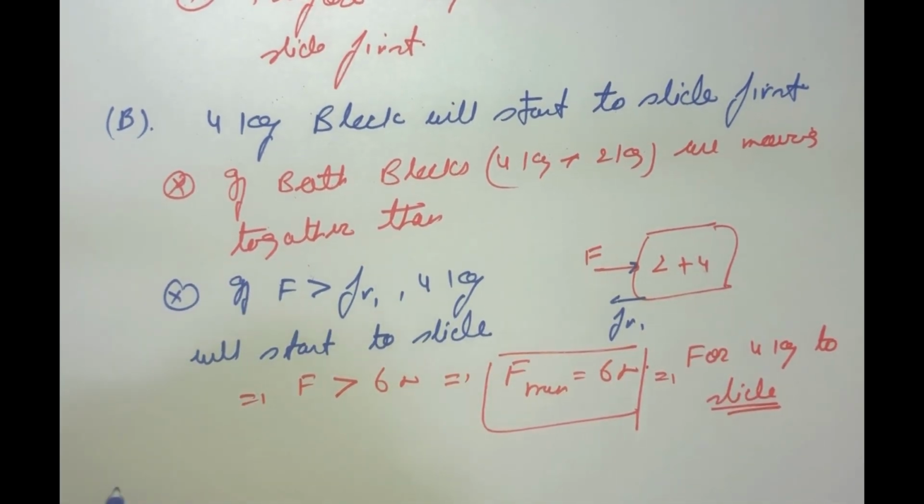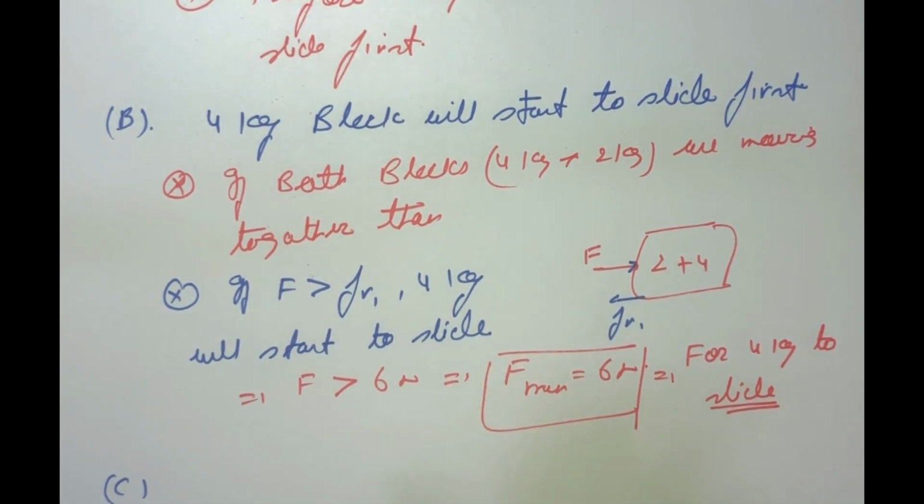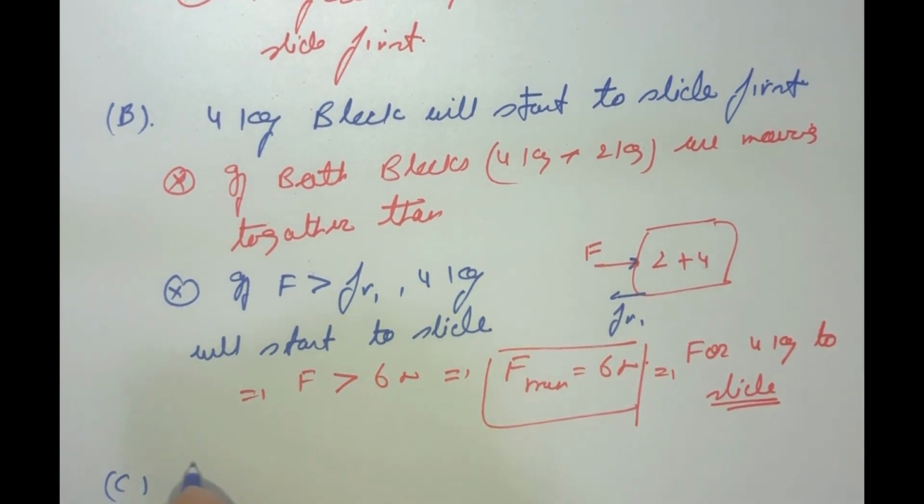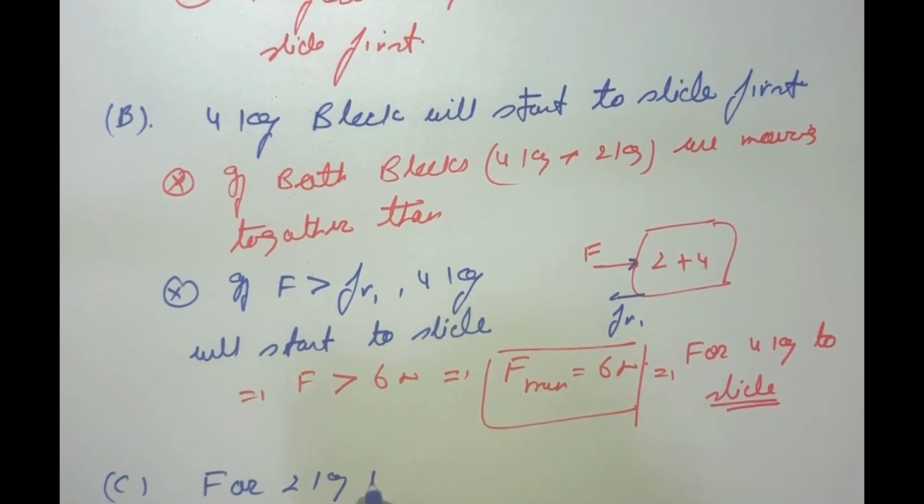In the C part, we are supposed to find out at what value of force F the other sliding will start at the other surfaces. Now we are going to find out when the other parts start to slide. So before that, let's find out the acceleration of the respective blocks.